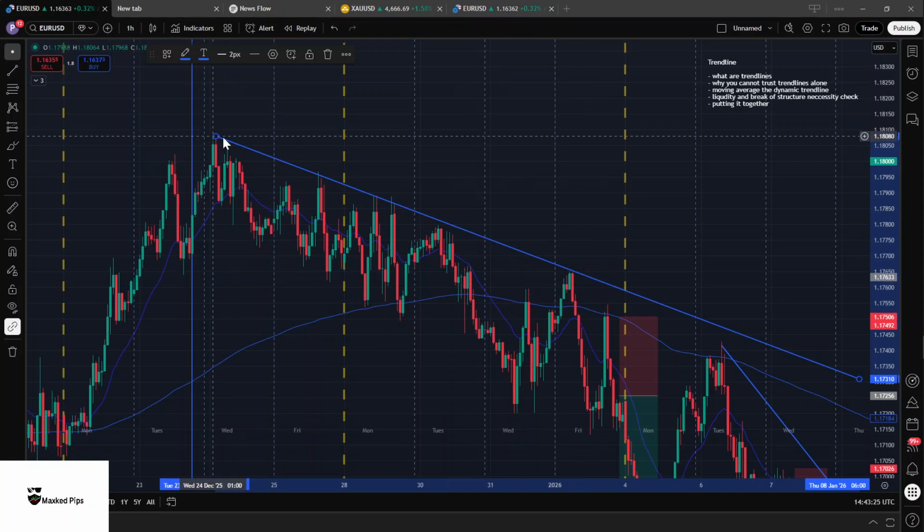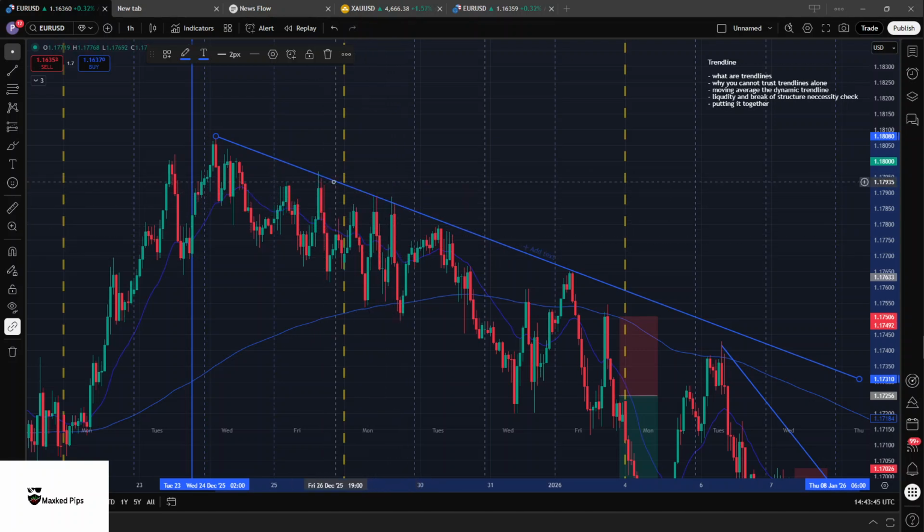For example, if you see this trendline here, this is a perfect diagonal line, but we see that even though we capture this second touching, there were some wicks that actually went above the trendline, and it happened here and it happened here.